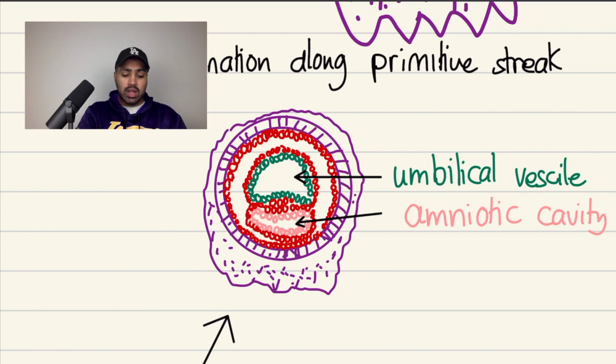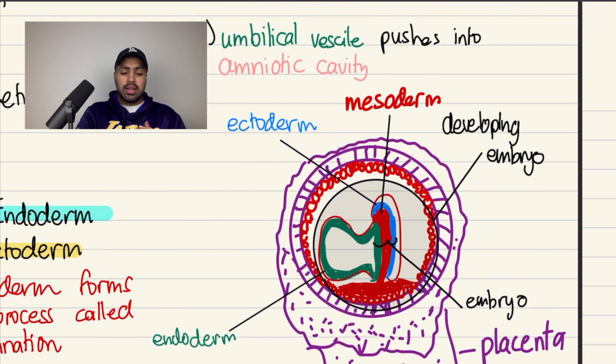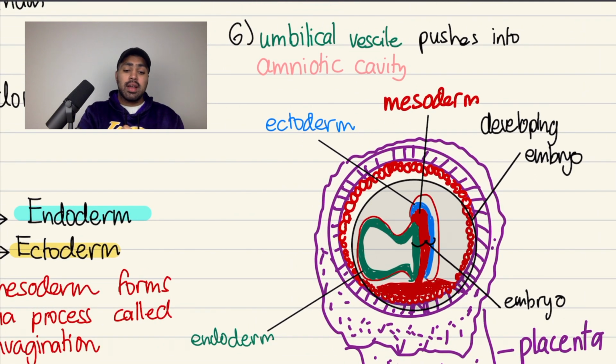So notice how we have these cells all over, engulfed around the umbilical vessel and also the amniotic cavity. So the next thing that happens is the umbilical vessel is going to push into the amniotic cavity. And this right here is the formation of our developing embryo. This right over here is a developing embryo. And we can now distinctly see the three different layers as well.